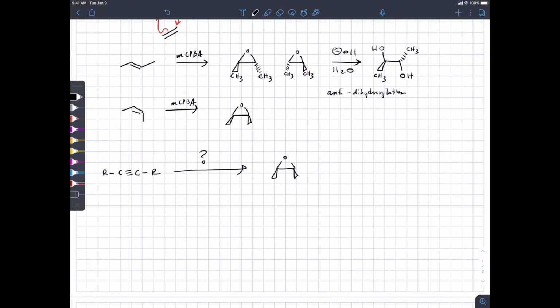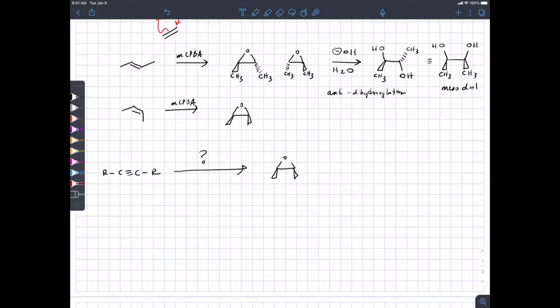If you know how to make an epoxide and you know how to open epoxides with OH minus, that should be fine. An interesting thing, though, is just to note that if you open up this chiral epoxide with the OH group, you're going to get the meso diol, which is kind of interesting.